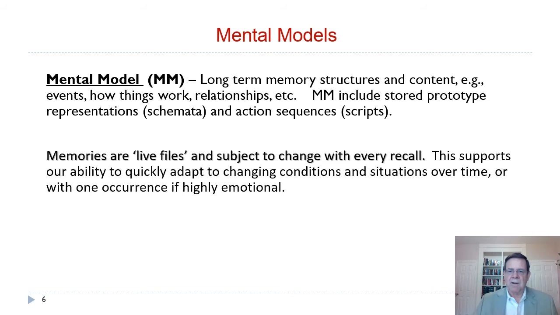Memories are live files, so they are subject to change with every recall. That feature of our memory is what allows us to be adaptable. And of course, we don't recognize those changes over time. And if you have a highly emotional event, that memory could imprint in a single incident.